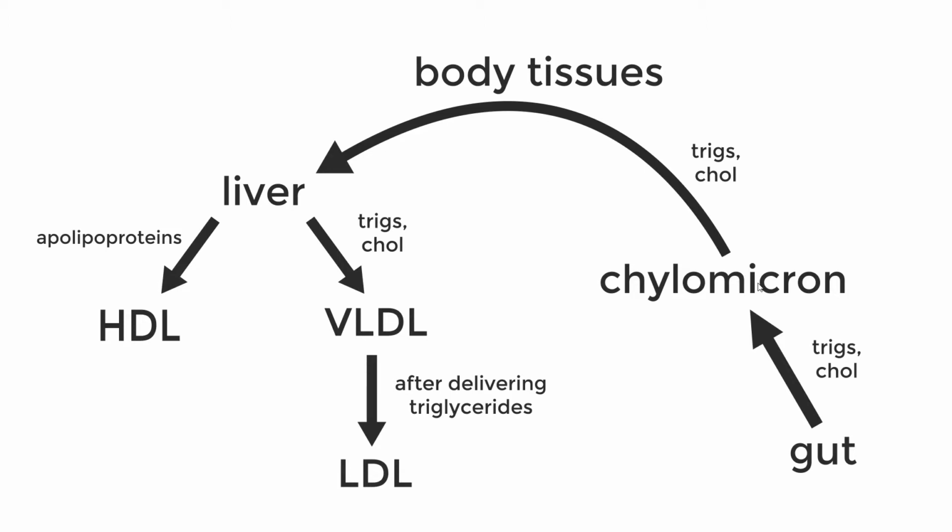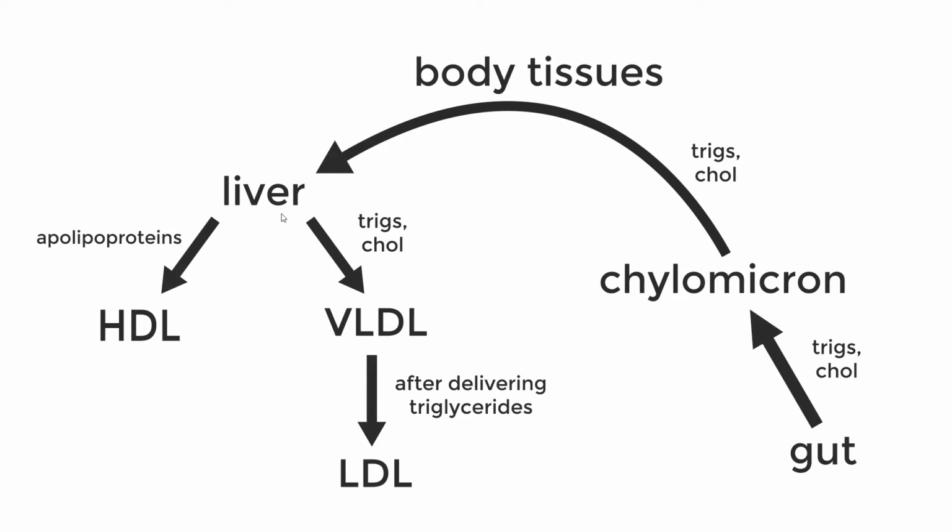Chylomicrons circulate around the bloodstream and deliver triglycerides and cholesterol to body tissues. Once most of the triglycerides have been delivered to body tissues, the chylomicron remnants are absorbed into the liver.